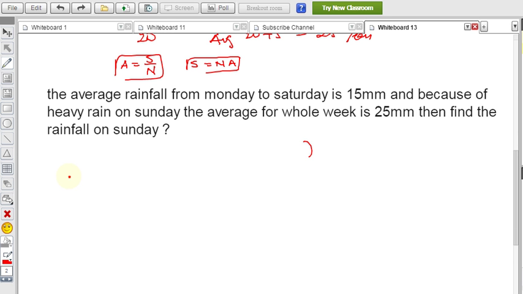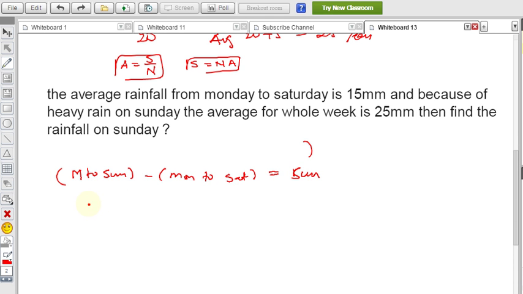From the total week, if you subtract the 6 days, you will get the 7th day. That is Monday to Sunday minus Monday to Saturday. If I subtract, then I'll get only the rainfall on Sunday.